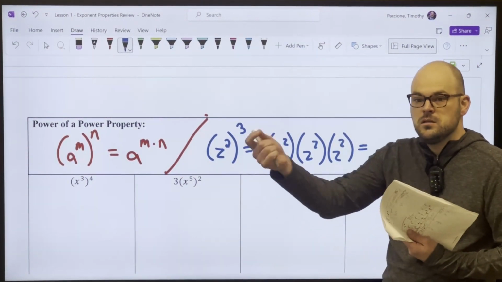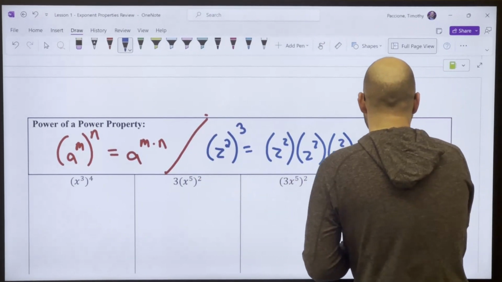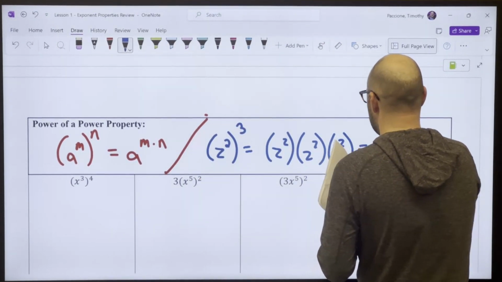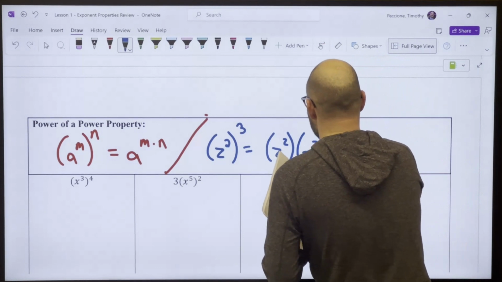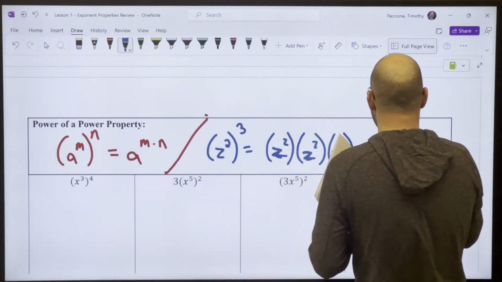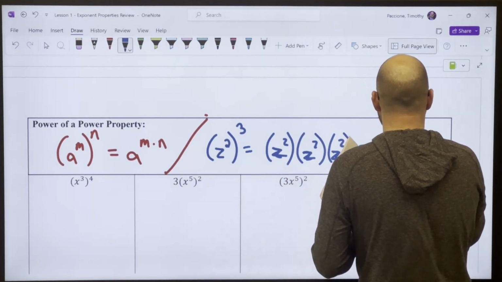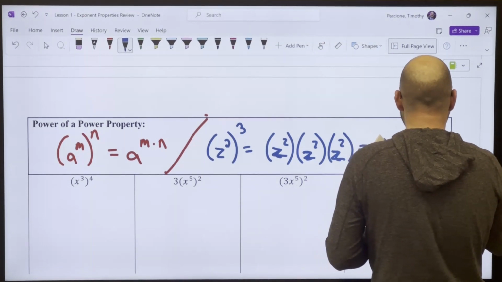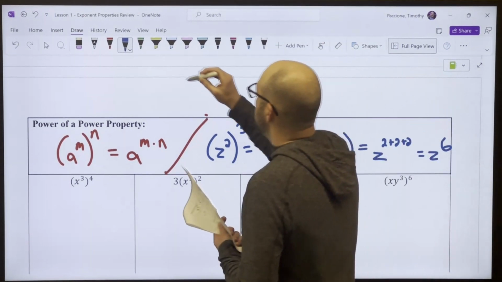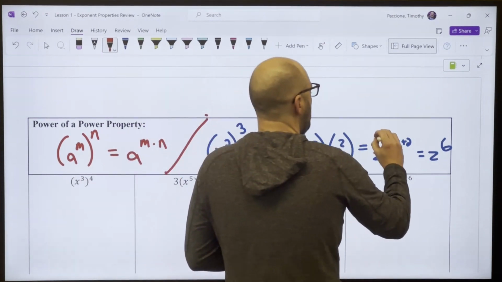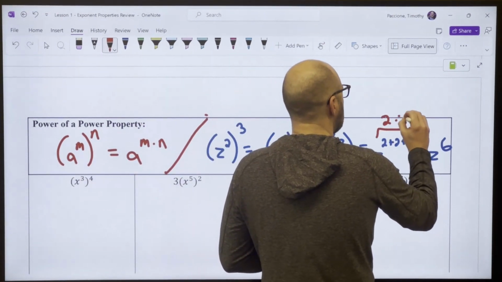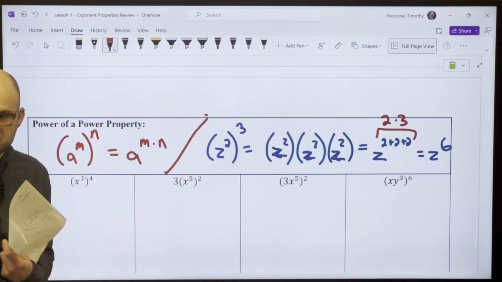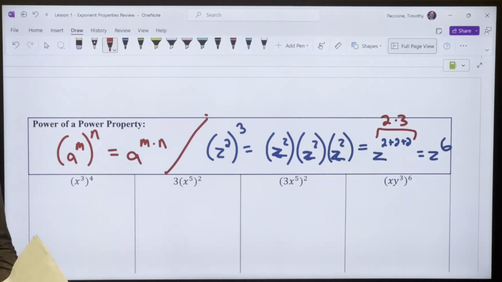Same base, we add the exponents. So that's z to the 2 plus 2 plus 2, or z to the 6. And that 2 plus 2 plus 2 is just 2 times 3, which was our original 2 exponents, so you just multiply them out. Questions?